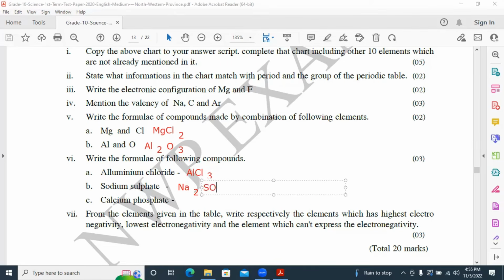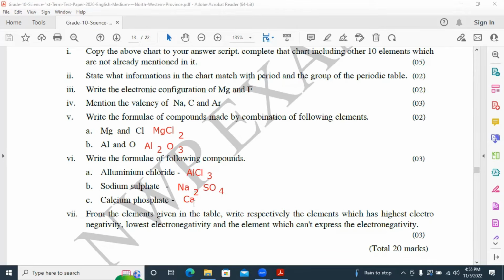Sulfate means SO4. SO4 2 minus is the way of writing that, but after forming the compound, we are not putting any charge. Next, calcium phosphate. Calcium's valency is 2, phosphate's valency is 3.